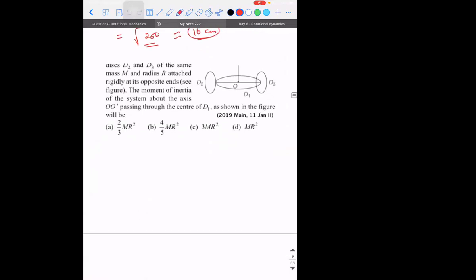Moment of inertia of disk 1 about O dash is equal to MR square by 2, no doubt in that. Moment of inertia about O dash for disk 2 will be equal to MR square by 4, because the moment of inertia of a disk about its diameter is MR square by 4, plus M into this distance square, the distance is R. So it will be 5 by 4 MR square.